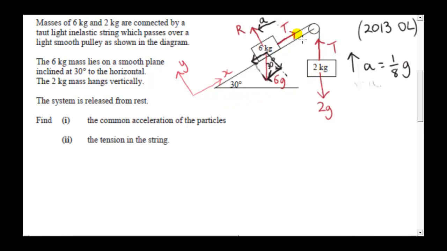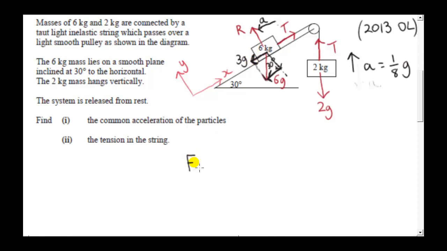We could have quickly arrived at this fact by looking at the resultant force along the string for the entire system. We know that the x component of the weight is 6g sine 30, which is 3g.